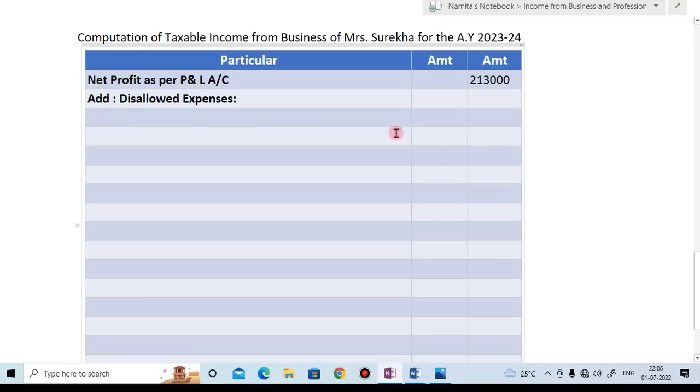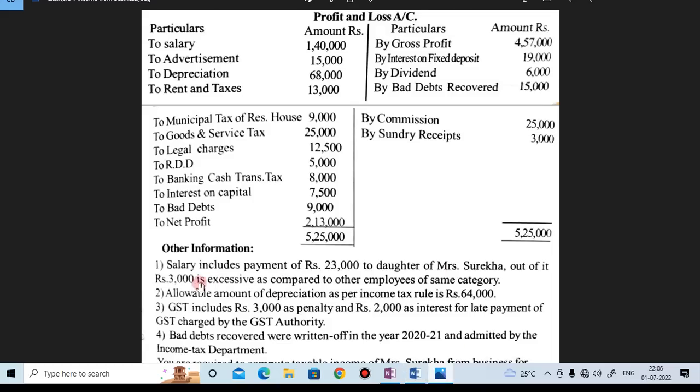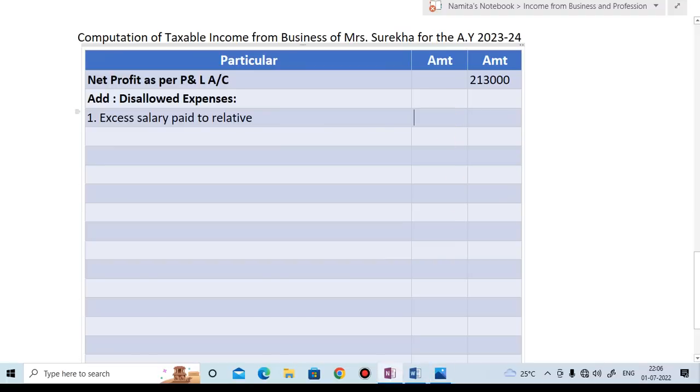So here you will write first, excess salary paid to relative. In the inner column the excess amount is 3,000, so write here 3,000.